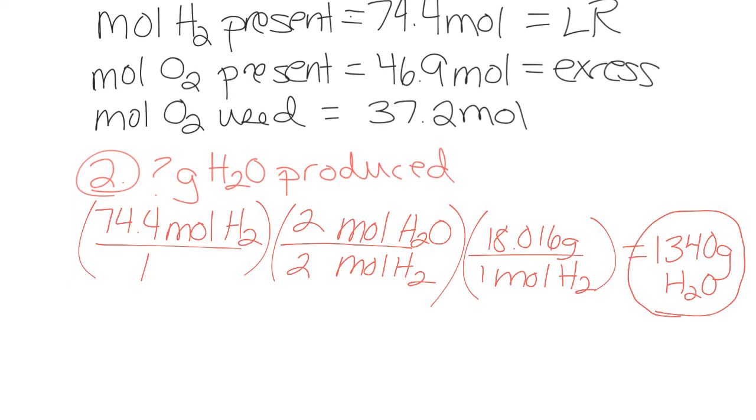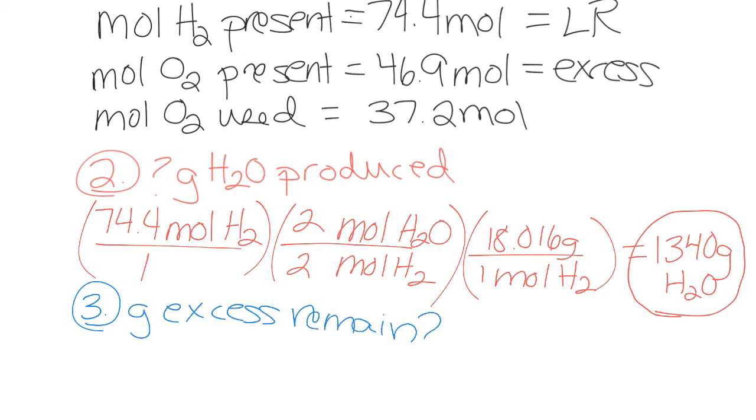Okay, my third question was how many grams of excess will remain at the end of the reaction. So first thing I'm going to do, my excess was O2. I started with 46.9, not grams, 46.9 moles of O2 present, minus the 37.2 that I would use.